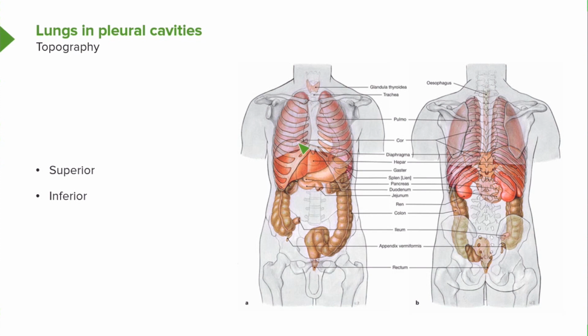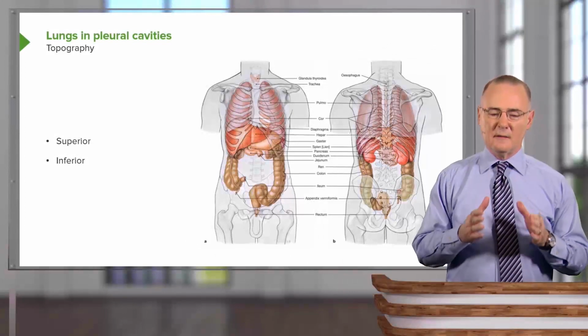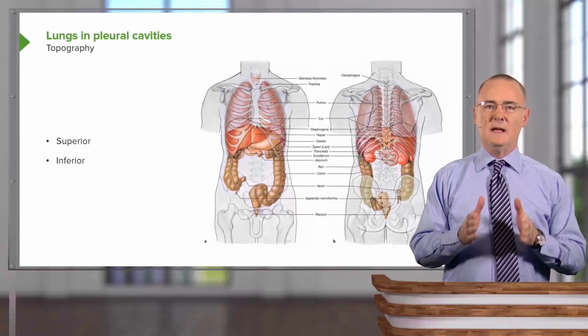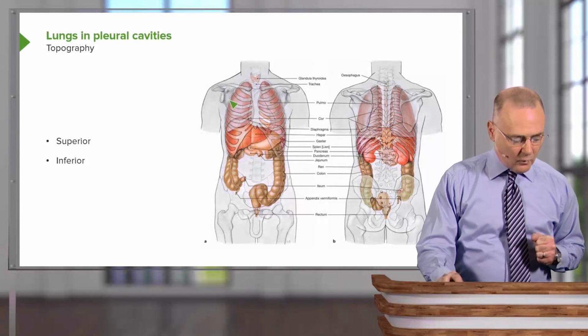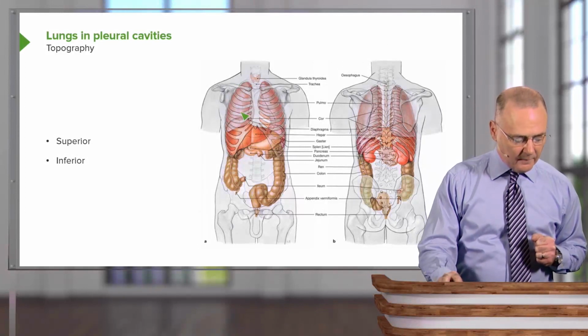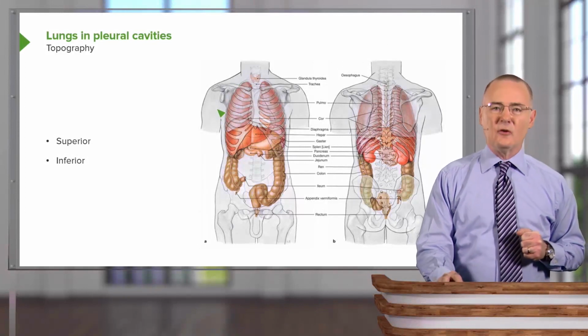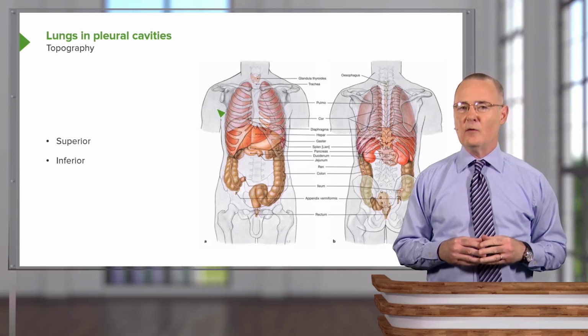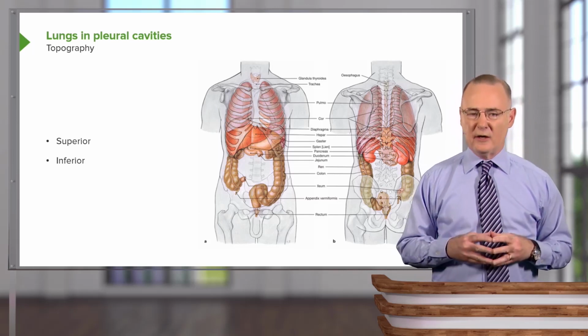The inferior limits of the lungs are going to depend on which line of axis we're viewing. And we will describe 3 axes. One will be midclavicular. One will be on the lateral side of the thoracic wall, mid-axillary.